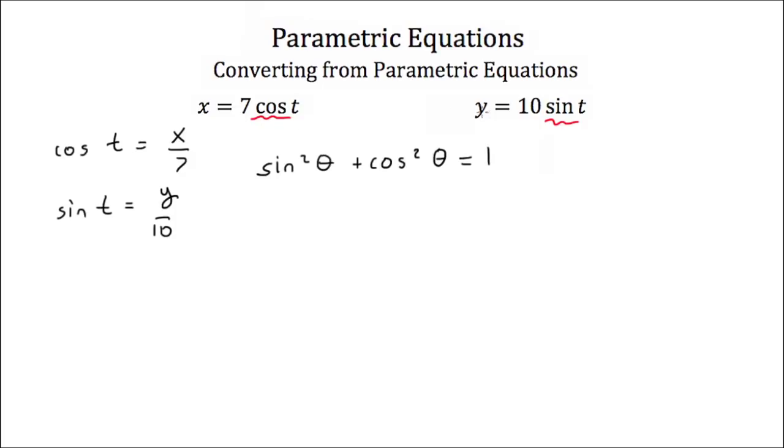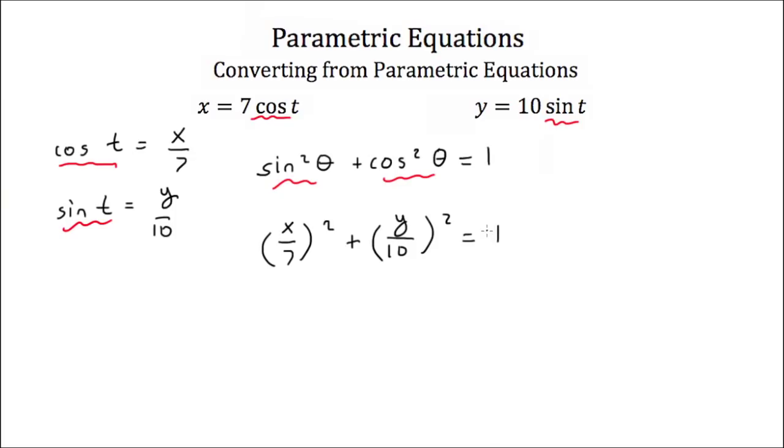Once I've rearranged these two equations, I just plug in for cosine t and sine t into this equation. I'll end up with x over 7 squared plus y over 10 squared is equal to 1. Now you can square the numerator and the denominator for both of these.